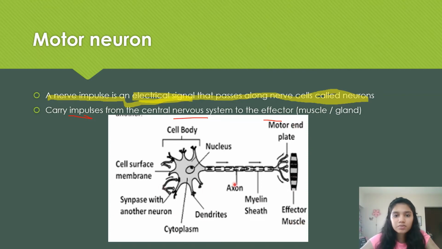So this is basically the structure of a neuron. You need to be able to know this properly. You can't not know this. And one thing that you need to know: a few adaptations of your neurons are that they are long, so they transmit impulses across long distances.